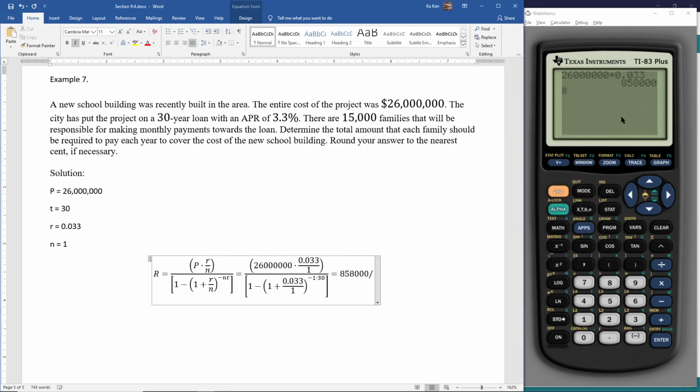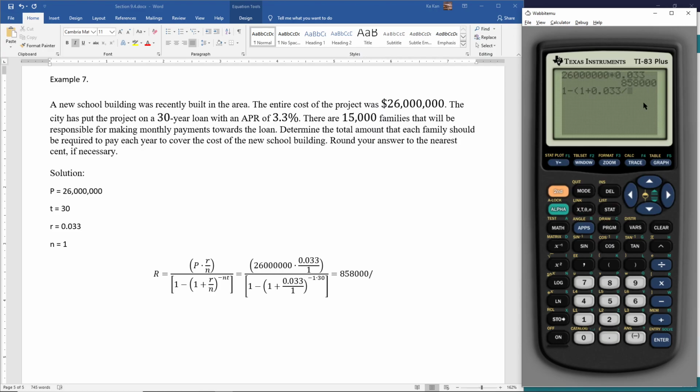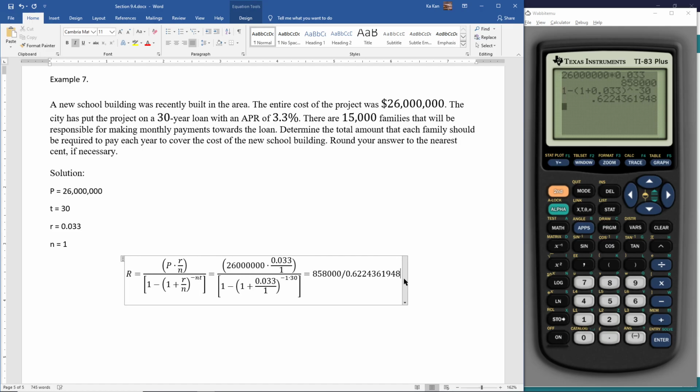I'm getting 858,000 divided by the bottom, which is 1 minus parentheses 1 plus 0.033 divided by 1, which we don't have to do, but you can if you want. And that's raised to the power of negative 30, because that's 1 times 30. Enter. I got 0.6224361948.